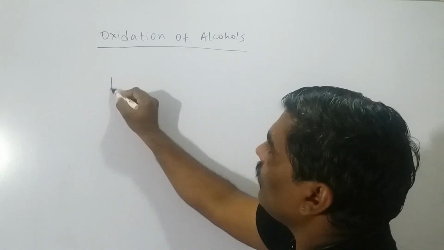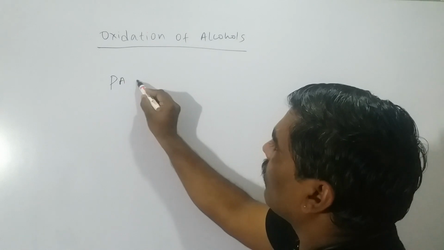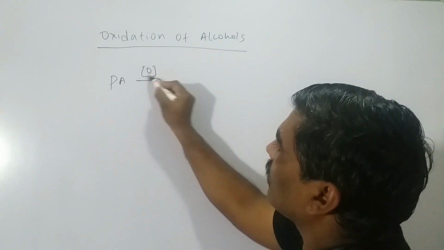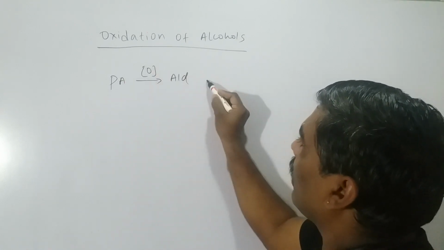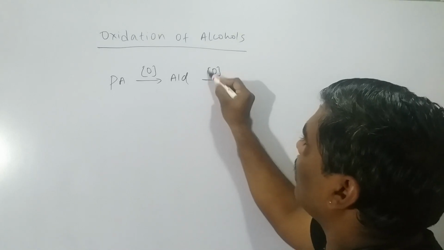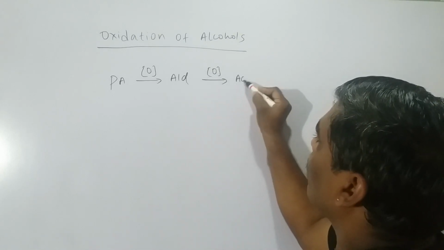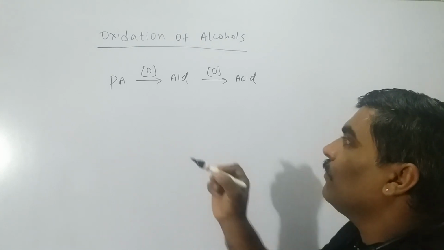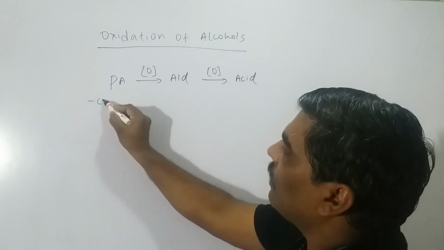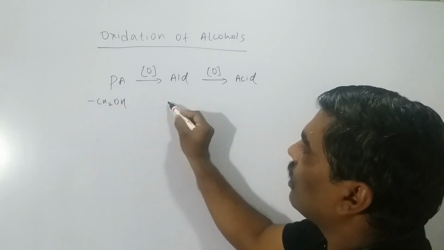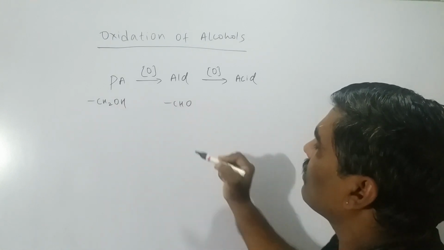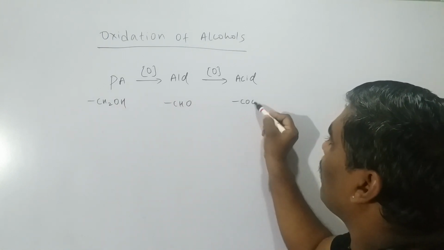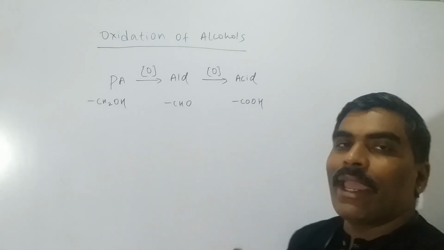Like primary alcohol on oxidation gives aldehyde, and aldehyde on further oxidation gives acid, carboxylic acid. Now primary alcohol is CH2OH, aldehyde is CHO, carboxylic acid is COOH.